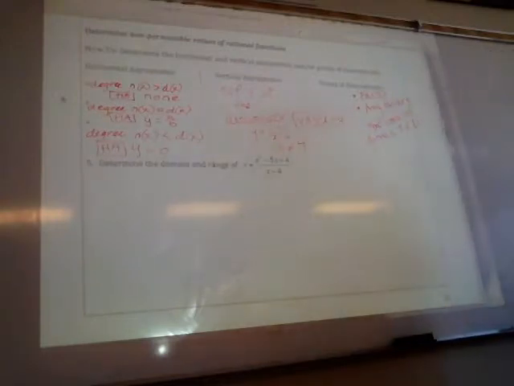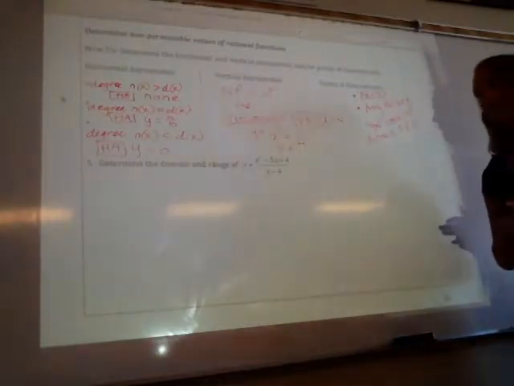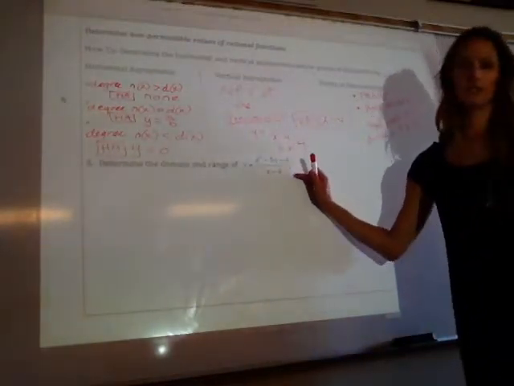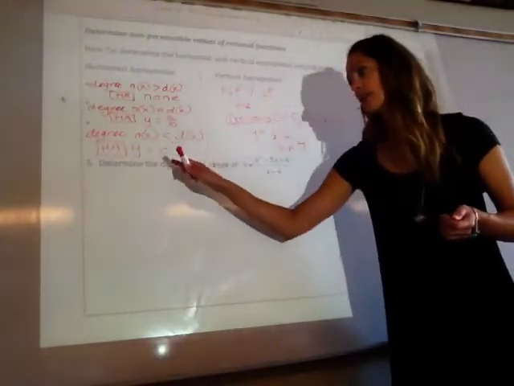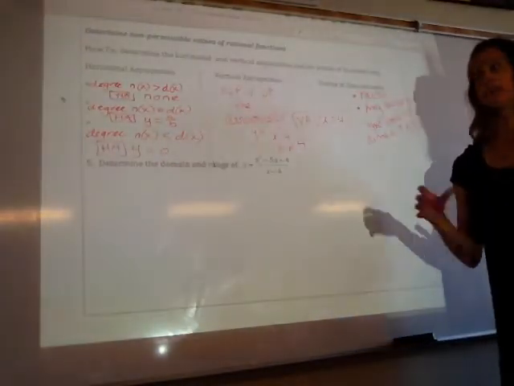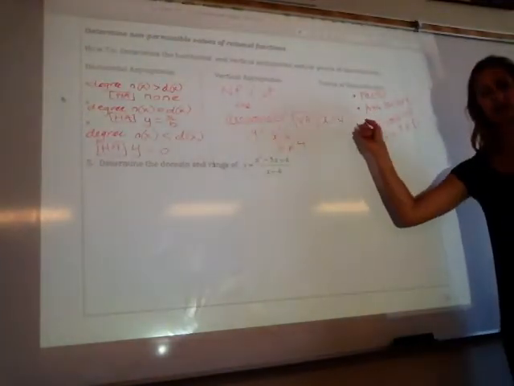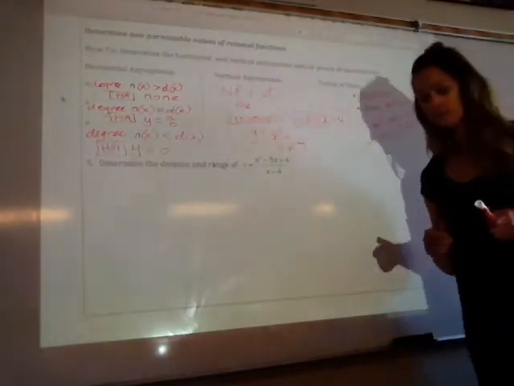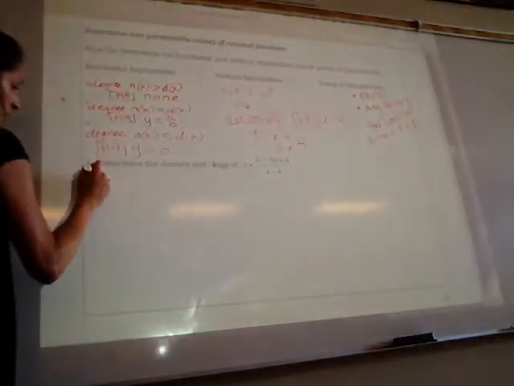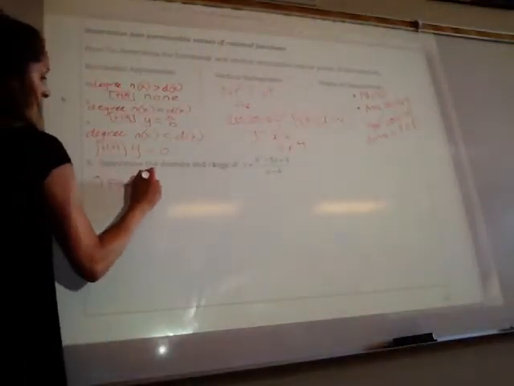Okay, so step 1, in order to simplify a rational expression, we need to factor it first. Ultimately, we're going to be solving for the domain and range by identifying what are the horizontal asymptotes, what are the vertical asymptotes, and how to find a point of discontinuity. Okay, so number 1, let's factor.